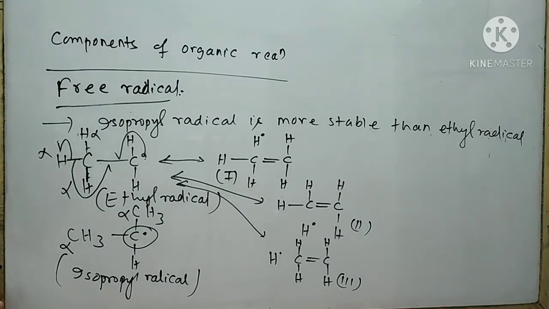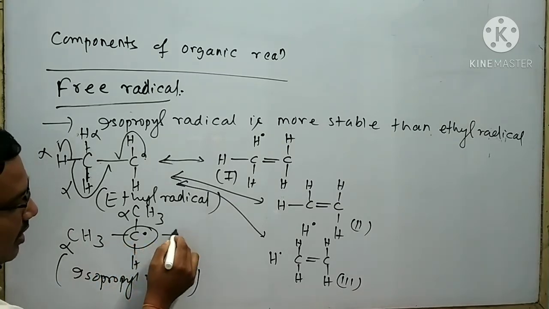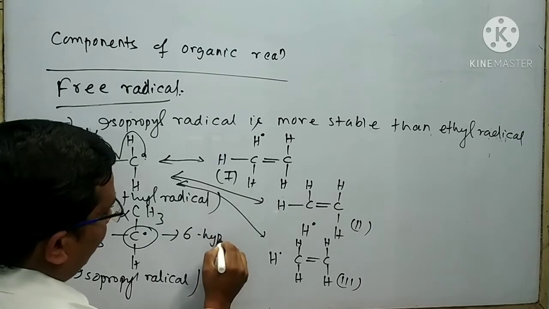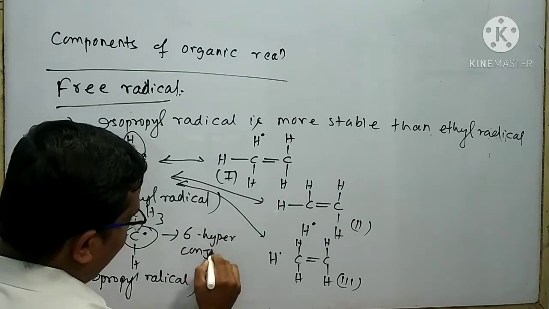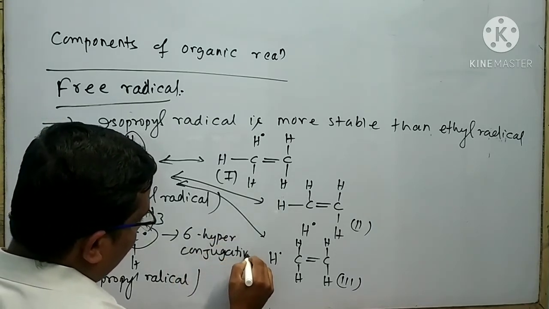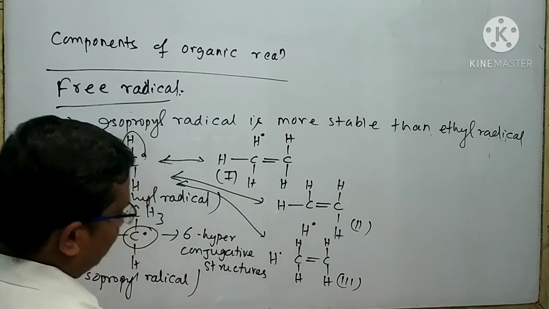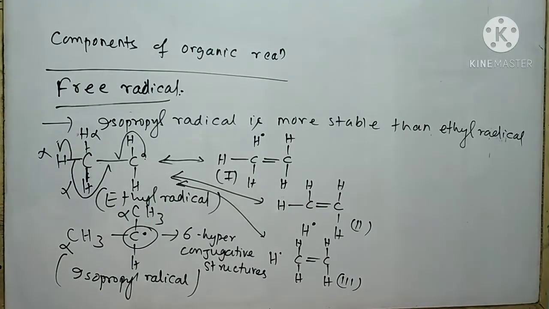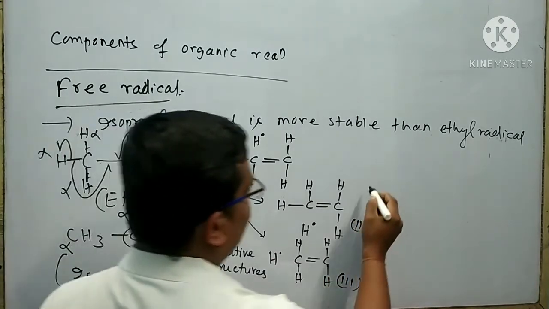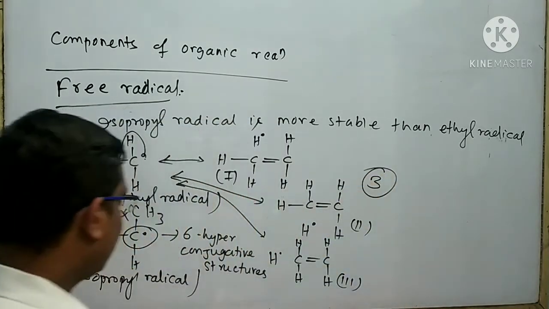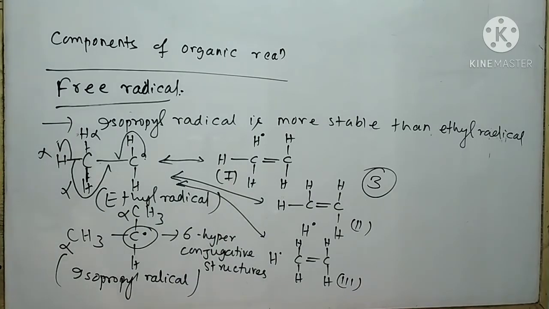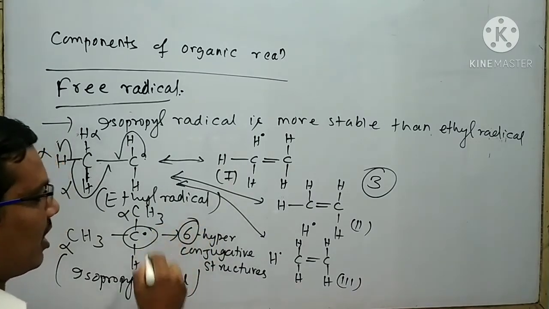Due to the presence of 6 alpha hydrogens, in case of isopropyl radical there are 6 hyperconjugative structures possible. In case of ethyl radical, there are 3 hyperconjugated structures. On the other hand, in case of isopropyl radical, there are 6.